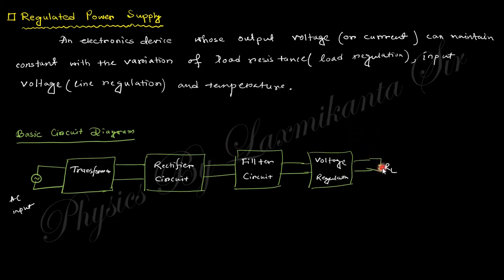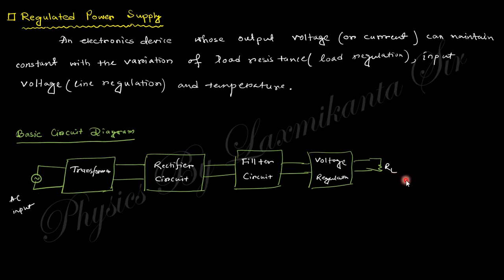If the load resistance changes, output also changes. If the temperature of the surroundings changes, output voltage also changes. But when we use this regulated power supply, this regulated part actually controls this change. That is, when we change the input voltage, the output change will not be significant. This will be changed, but it will not be significant.